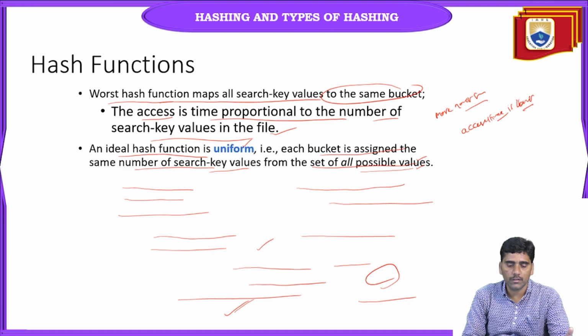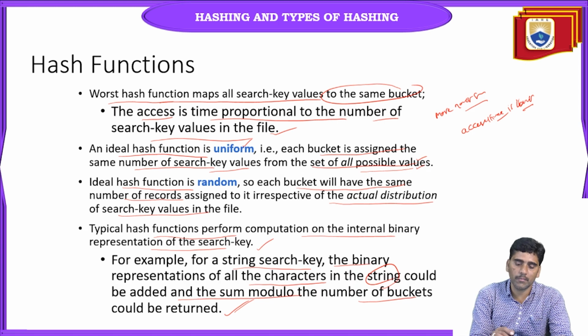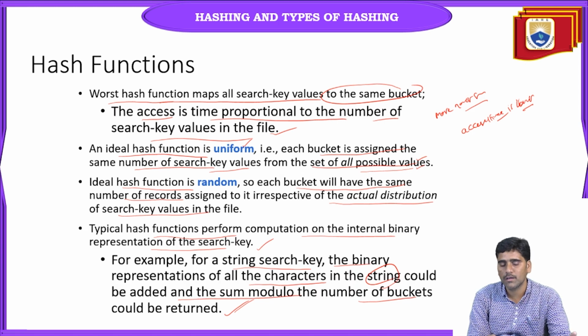So here the hash functions are of two types. One is the uniform function and the second one is the random function. A uniform function is one where each bucket is assigned the same number of search key values.